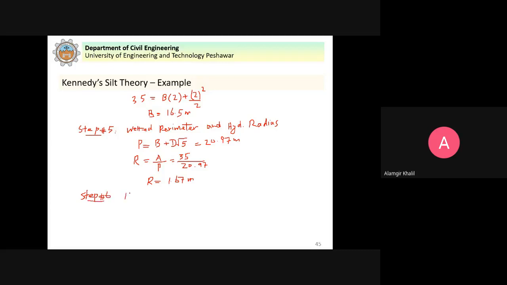So we use the Kutter equation or formula to calculate C in the Chezy formula.